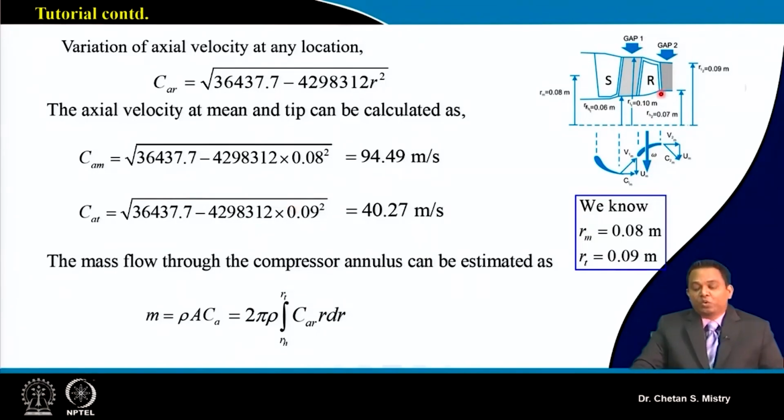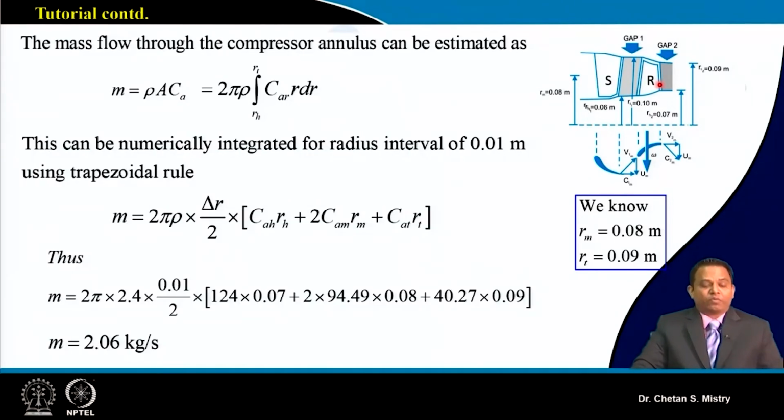That means I need to divide all these segments into small radii. If we consider this case, you can write my mass flow to the compressor annulus is given by this formula.